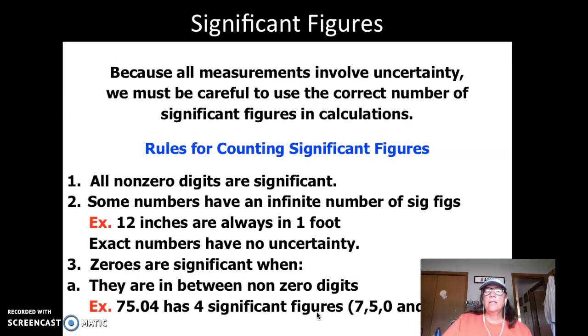Zeros are the problem with significant figures. If it's not a 0, it's significant. But if you have any zeros in between non-zero numbers, like this 0 right here, it's significant. So you count any 0 that's in between non-zeros.